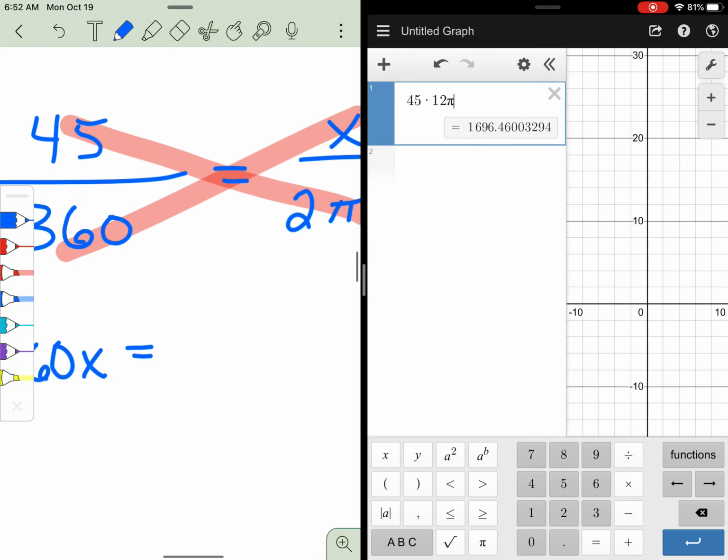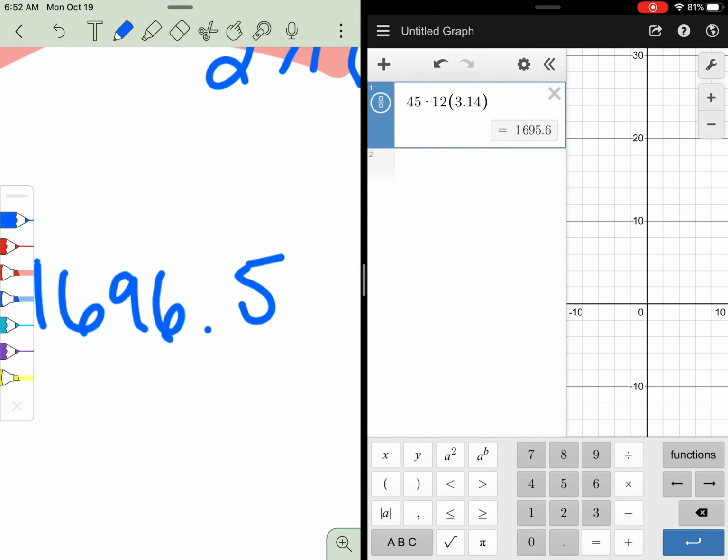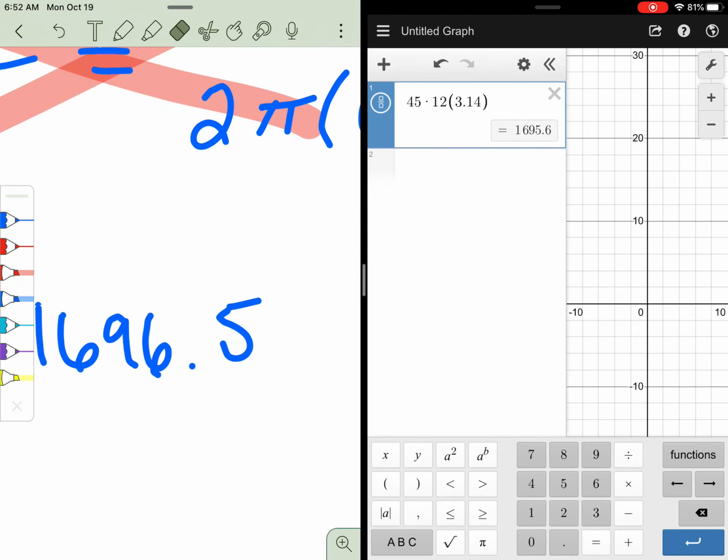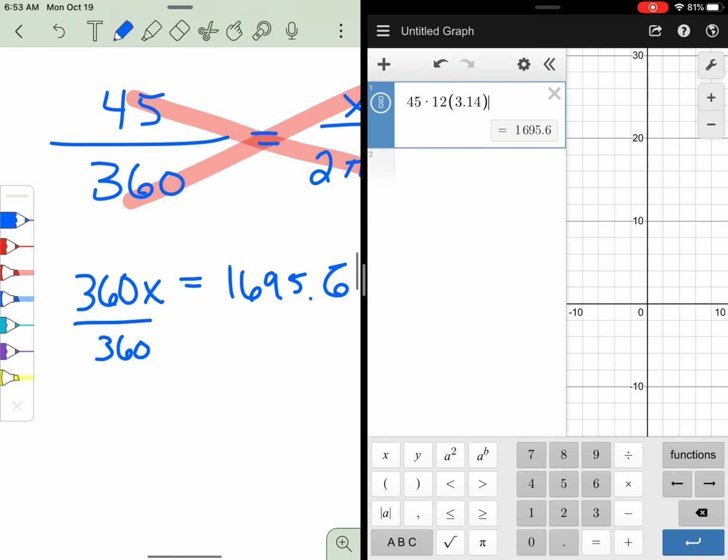That gives you 1696.5. We usually round to the nearest tenth. Actually, instead of doing that, let's just use 3.14 so we're consistent. That gives us 1695.6. Okay, divide by 360.